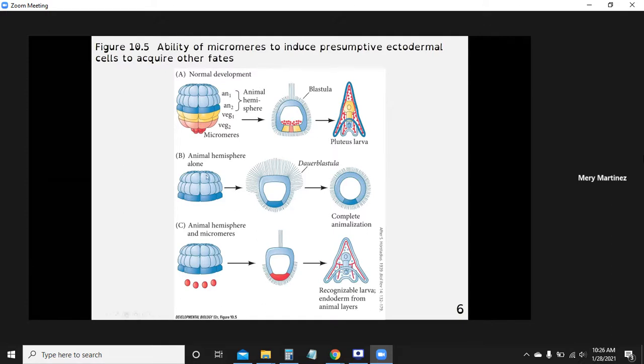But the endoderm is missing. It's not there because we are missing that signal, the competent cells. Remember, this type of induction depends on whether the cells are competent to accept the signal and change their fate, okay?